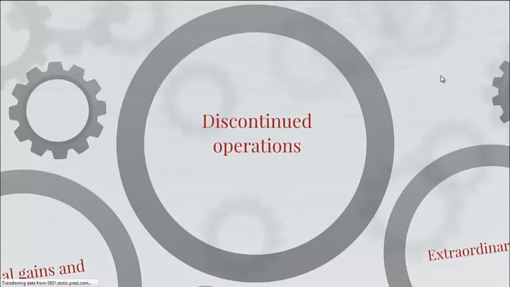It's when you have some kind of component of your business and you can separate out those operations and distinguish it from the rest of your company and actually show that you've gotten rid of it. It has been discontinued. We're going to show that discontinued amount as a separate line item below income tax, and we're going to calculate tax on it and show it net of tax.